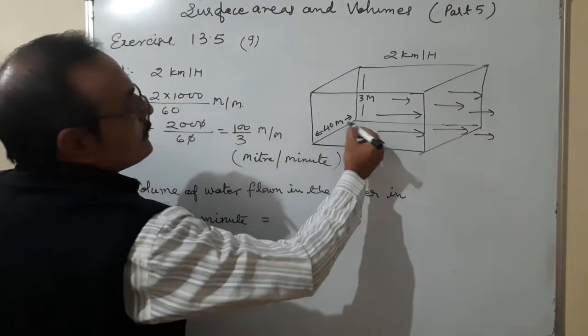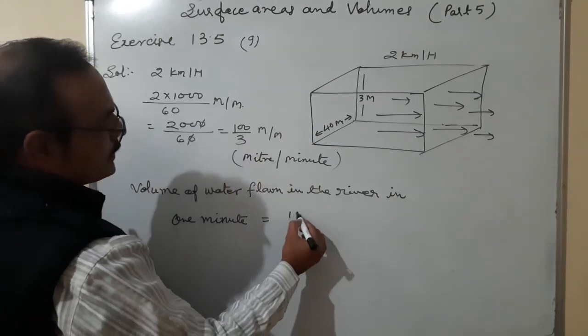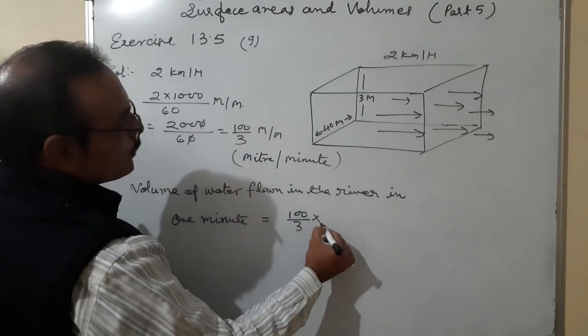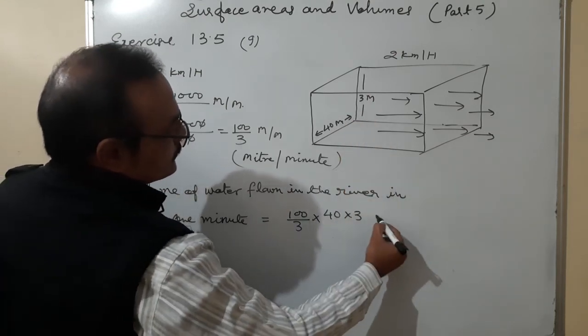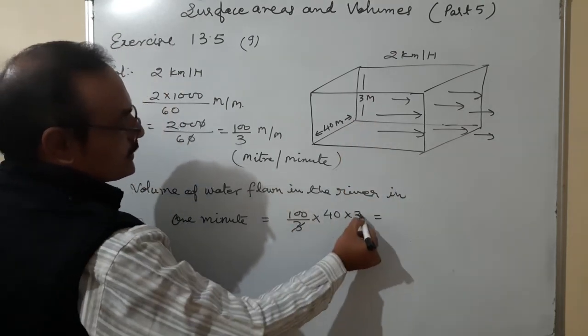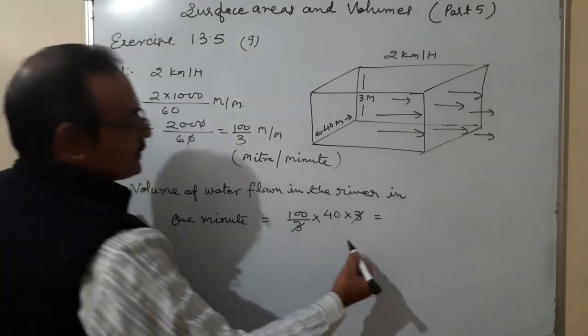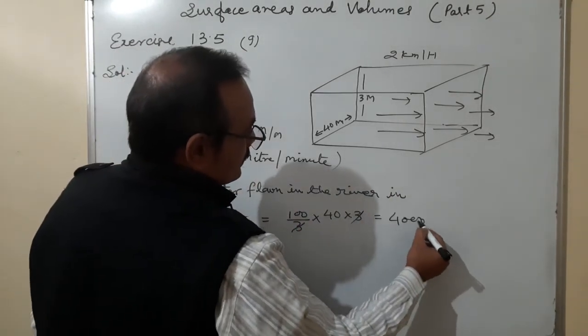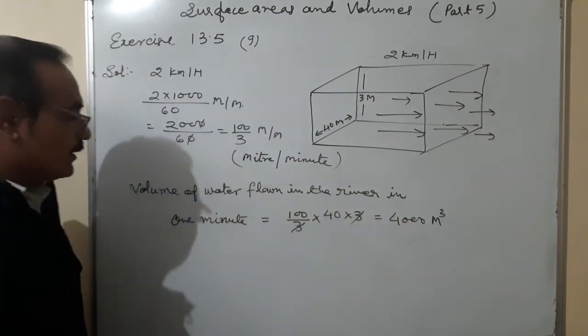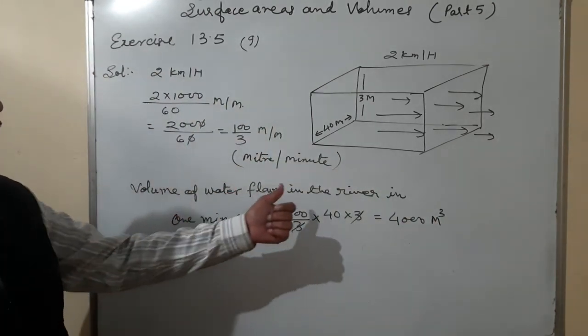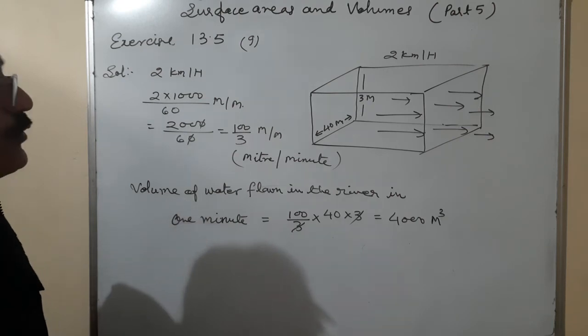Length is 100 upon 3 into breadth 40 into height, that is 3. Okay. So 3 cancel. It is coming 4000 meter cube.